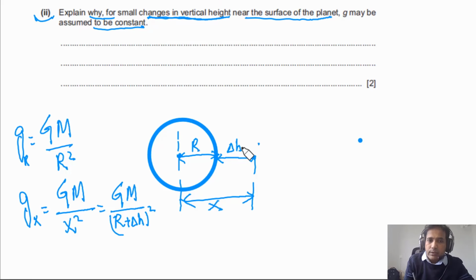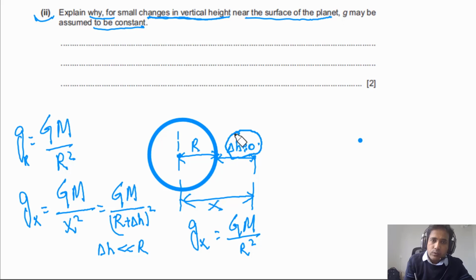This means delta h is very small, about equal to 0, or much smaller than R. Then gx will be equal to GM divided by R squared, because delta h is about equal to 0.